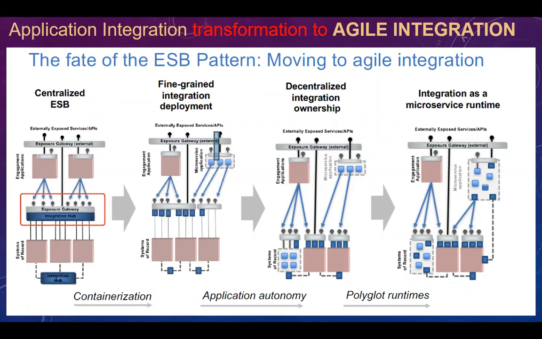This is the earlier diagram where you talked about the enterprise ESB. In that enterprise ESB, you have an integration hub. That integration hub we are breaking into small chunks, making a fine-grained integration deployment. Decentralization is happening, and we are moving all the integrations that are required to near the application.